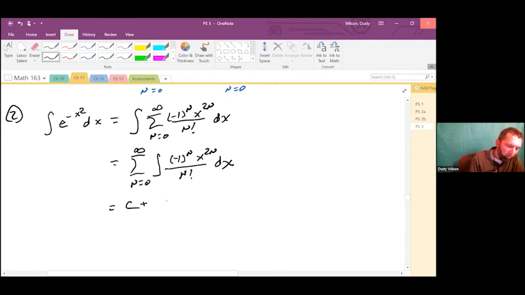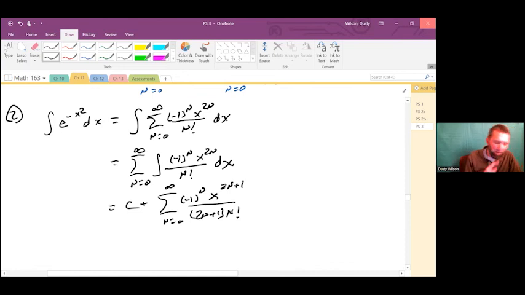So I have plus c, and then the integral is negative 1 to the n, x to the 2n plus 1 over 2n plus 1 times n factorial. So I've found my antiderivative, yay.